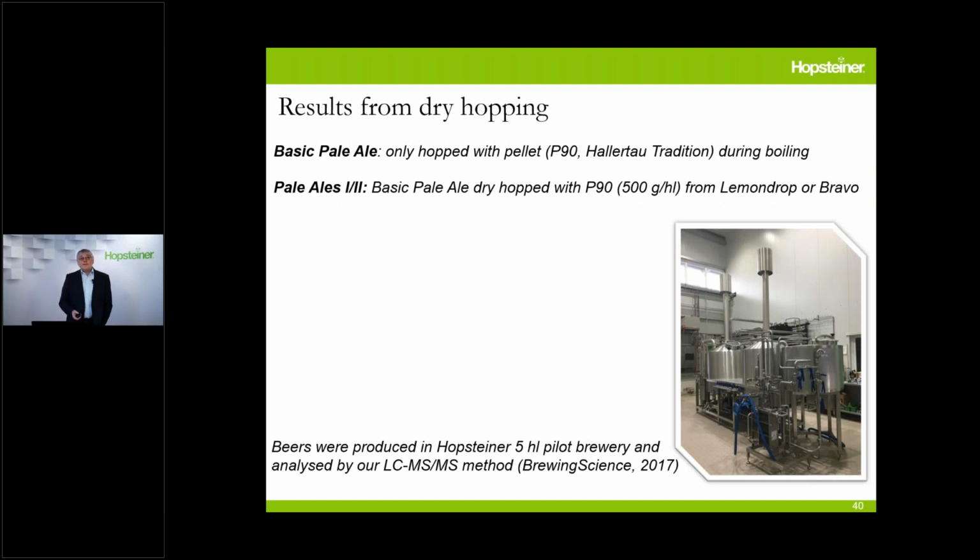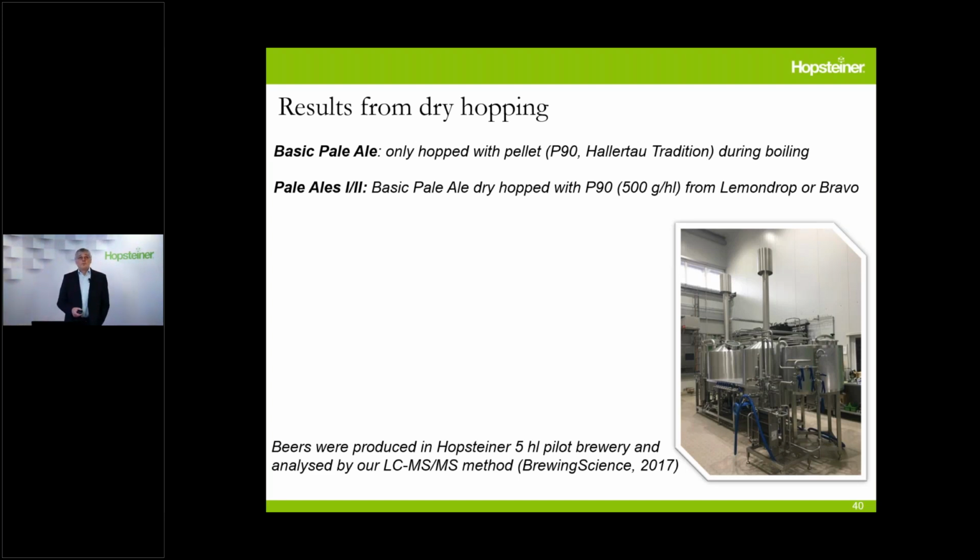Last but not least, I will also give you some information on results from dry hopping. We produced various beers in our Hopsteiner 5 hectoliter pilot brewery and analyzed them by our LC-MS method, published in Brewing Science in 2017.